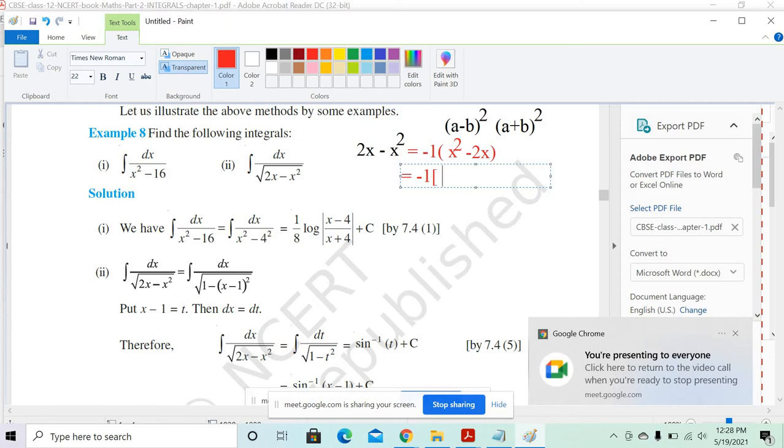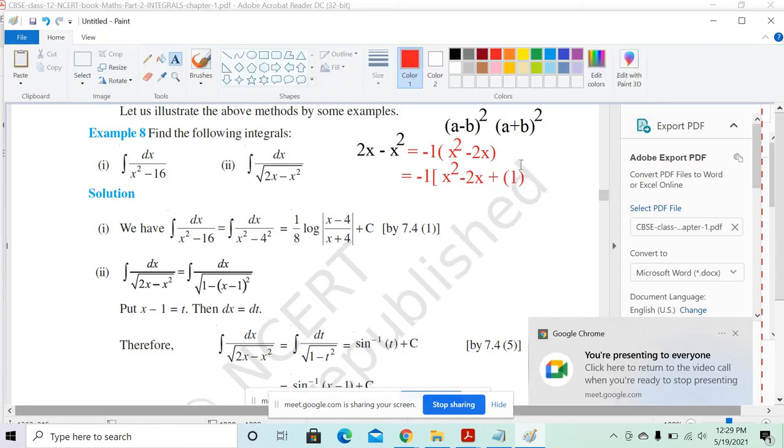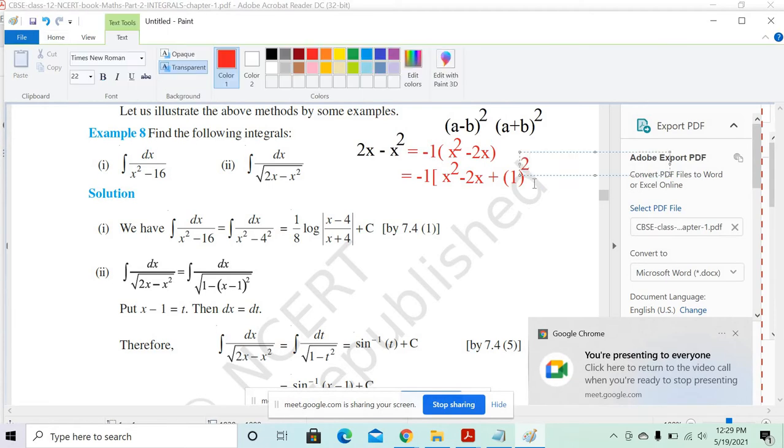So add b square and subtract b square. Minus 2x, divide the 2x by 2, you'll get 1. So you have to add 1 square and subtract 1 square.